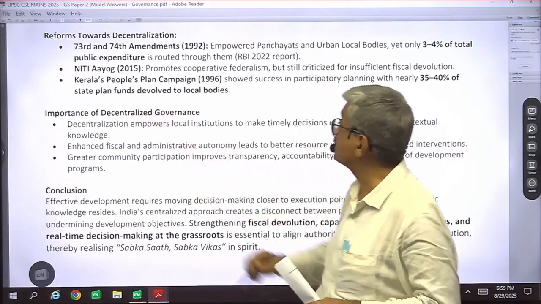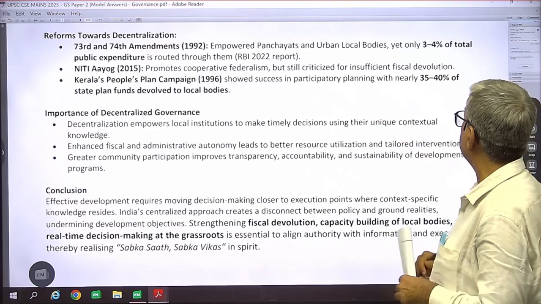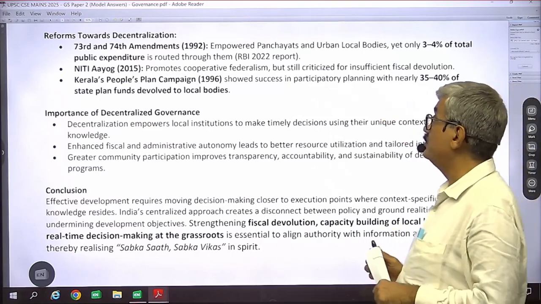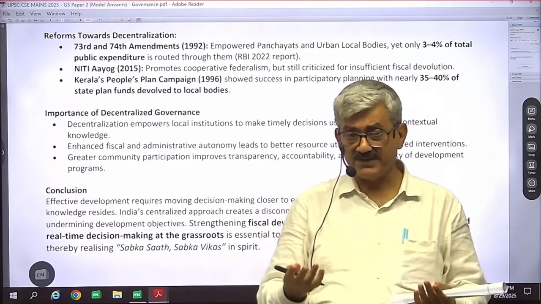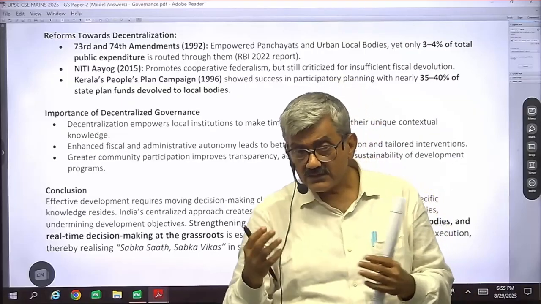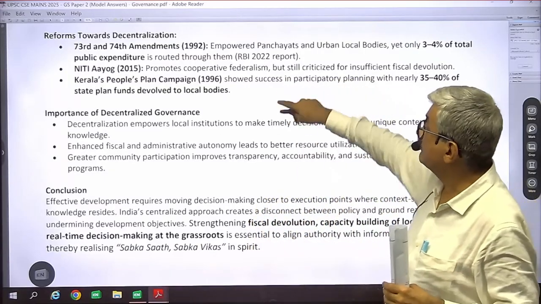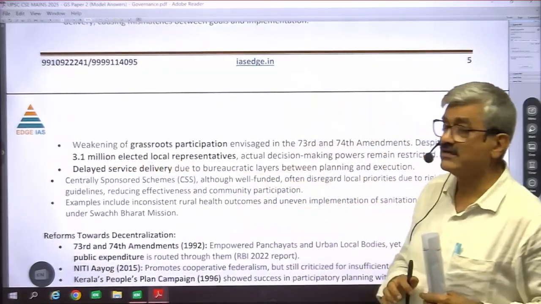Now there is Kerala's People's Plan Campaign of 1996, which showcases success in participatory planning, with nearly 35 to 40% of the state plan funds devolved to local bodies. So we need not only people's participation but people's involvement also. So there is participation and involvement, and that too active, with the 3.1 million elected local representatives.